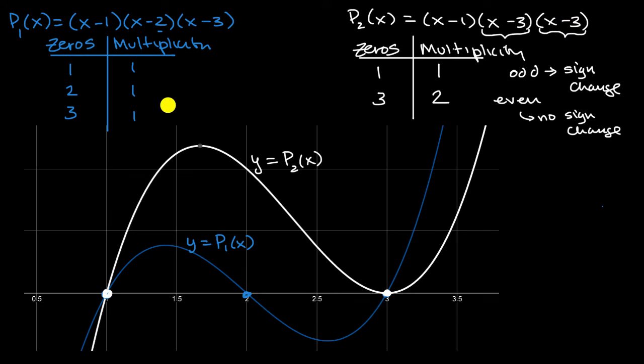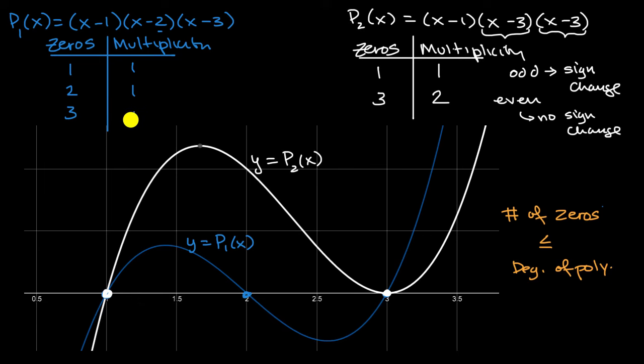Another thing to appreciate is thinking about the number of zeros relative to the degree of the polynomial. And what you see is that the number of zeros is at most equal to the degree of the polynomial. So it is going to be less than or equal to the degree of the polynomial. And why is that the case?